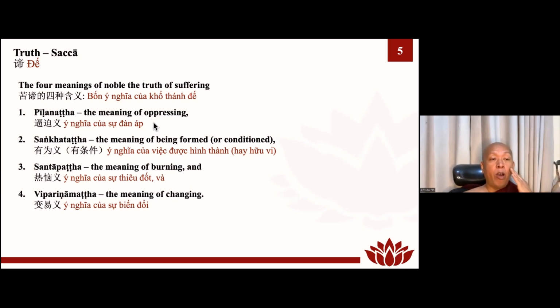If it is a desirable object, our mind will react one way; if an undesirable object, our mind will react another way. That is why I mostly translate sankhara as conditions. Here we say being formed; this is from the Bhikkhu Bodhi translation. Anyway, sankhata means that depending on the conditions, it will arise differently. That's what we call sankhatattha.